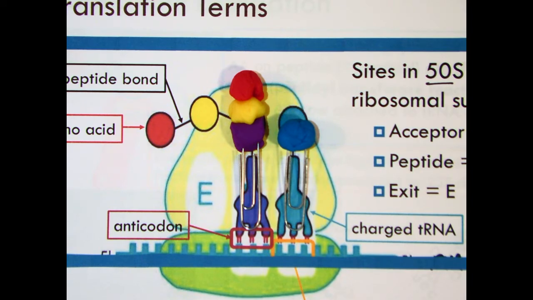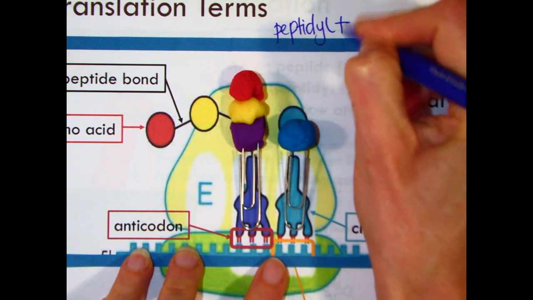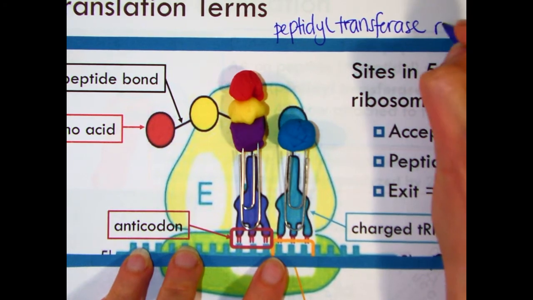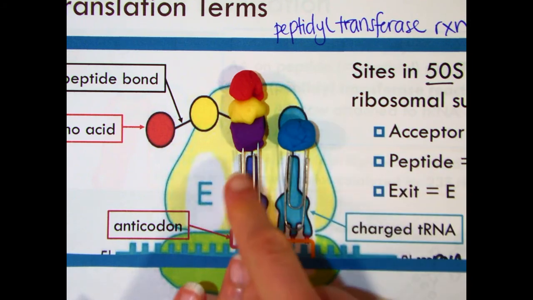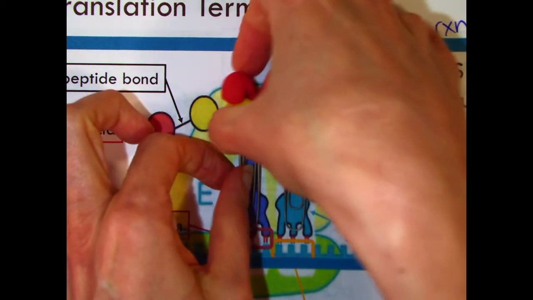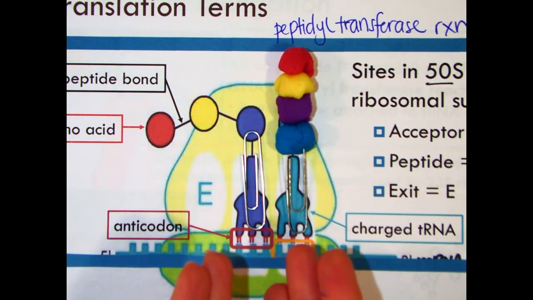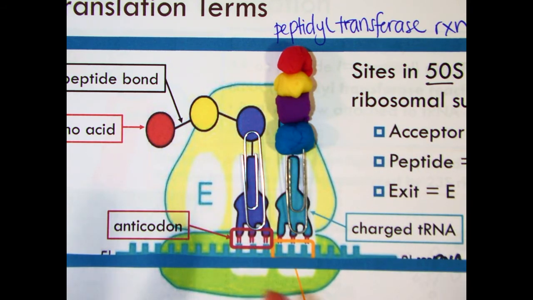And so in something called the peptidyl transferase reaction, the amino acids from the P site tRNA are moved onto the A site tRNA. So the bond that is formed between the amino acids is the peptide bond. And since the amino acids are transferred and we form the peptide bond, hence the peptidyl transferase reaction.